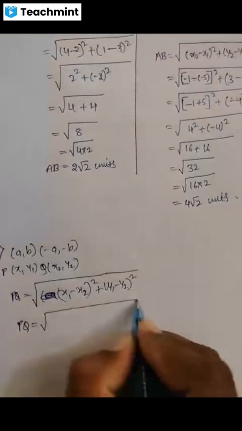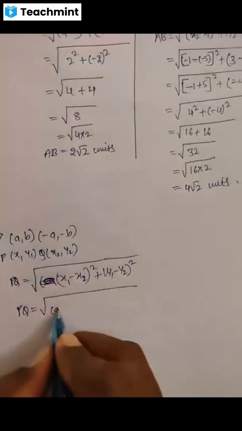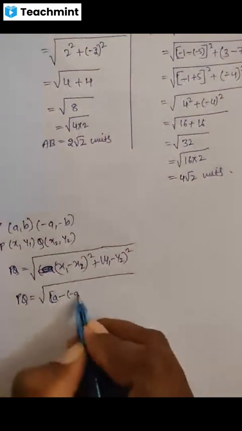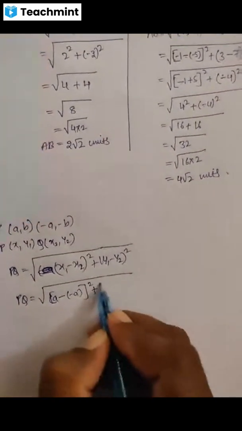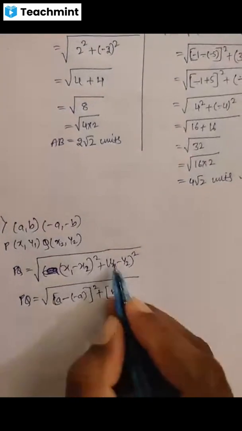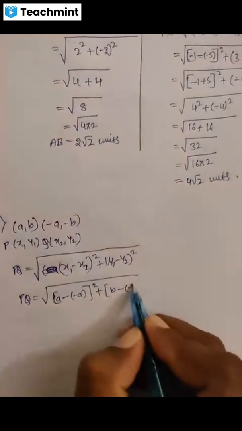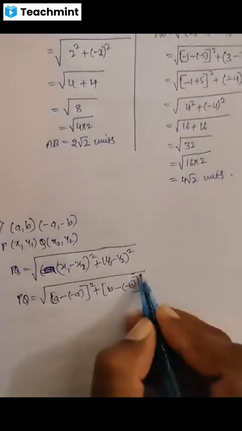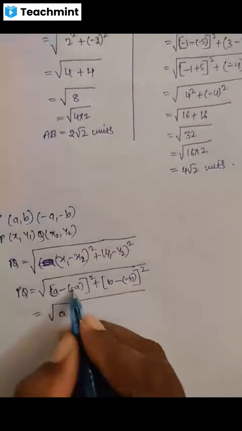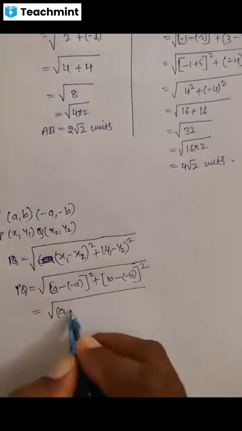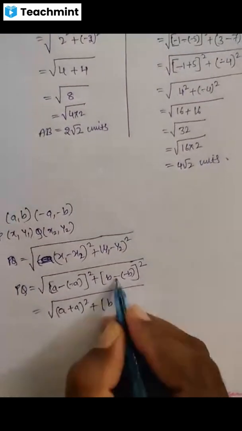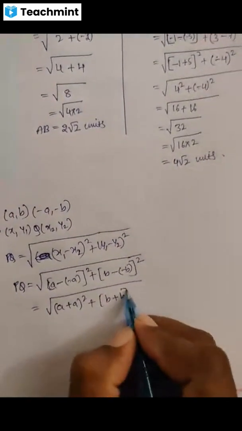So what is x1 here? x1 is a, minus of minus a, whole square, plus y1 is b, minus of minus b, y2 is minus b, whole square. So that is a minus of minus, plus a whole square, plus b minus of minus, plus b whole square.